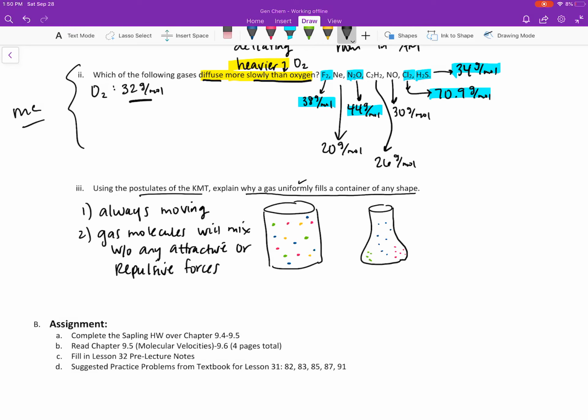If gases were susceptible to attractive and repulsive forces, the scenario on the right would be what we would see, because maybe the green is actually repulsed from the pink gases, and then maybe the blue gases exhibit a strong attractive force for each other. So we have to accept that the gases do not have an attractive or repulsive force present, therefore they will mix evenly.